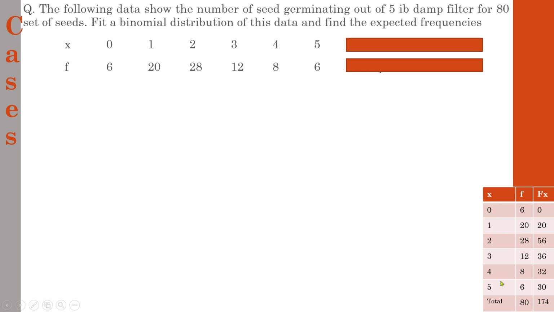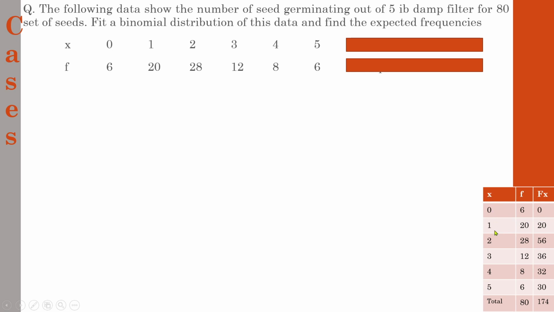So X is written, F is written. This is an individual series, so I am using the first method of finding the mean. You can use any method of finding the mean, either individual series or discrete series; it's up to your discretion. Since it is a frequency distribution situation, it is a discrete series, so let us go with the discrete method. So X into F, you will get Fx: 0 into 6 is 0.